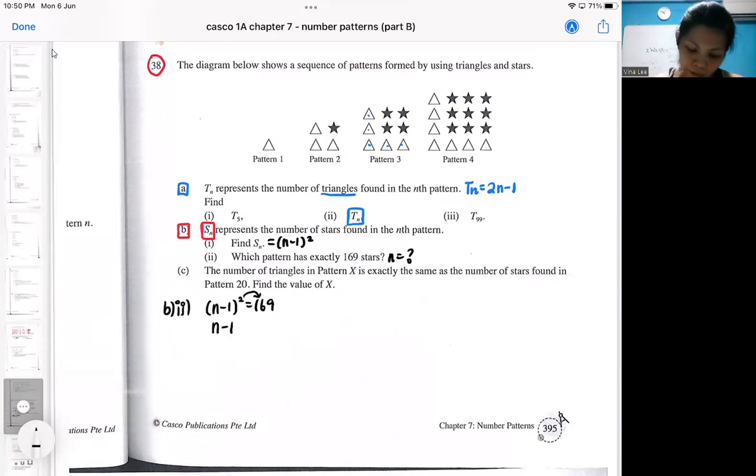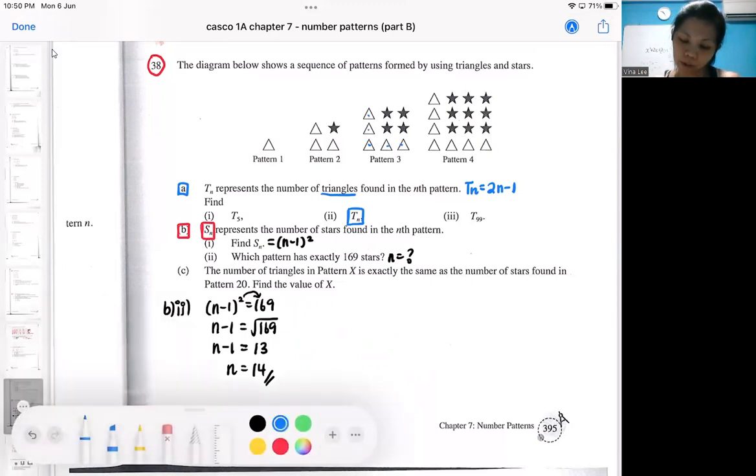The opposite of a square is a square root. So it's like an algebra. B part 2 will be a bit difficult because there's a square, and all of you are not very used to a square.